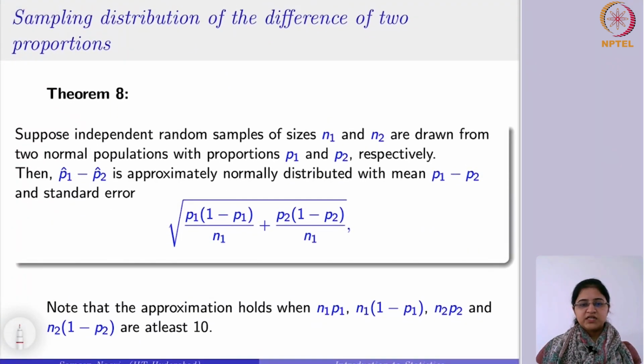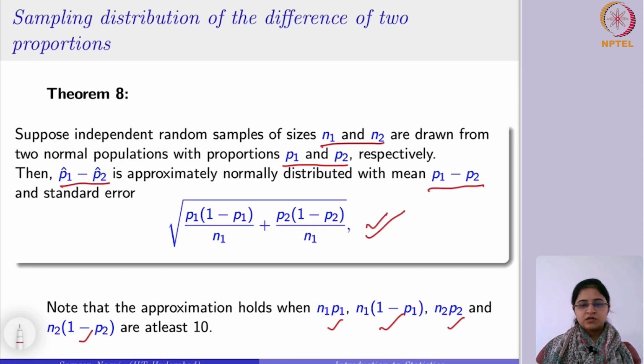The result says that suppose you have two samples of sizes N1 and N2 which are coming from populations with proportions P1 and P2 respectively, then P1 hat minus P2 hat is approximately normally distributed with this mean and this standard error. And this result would hold true if each of these is greater than 10.